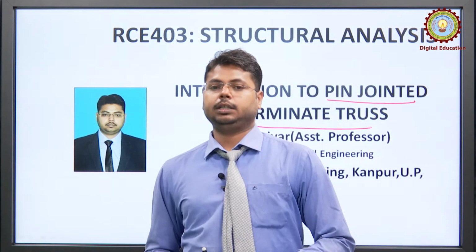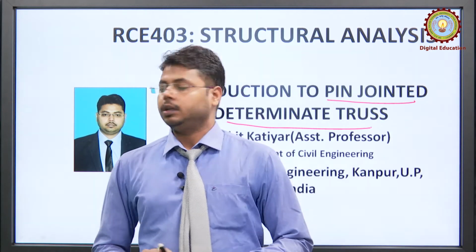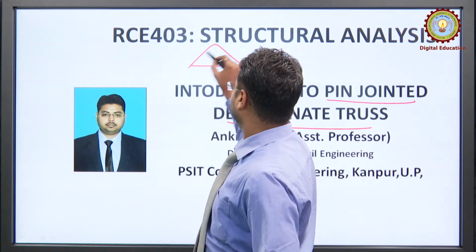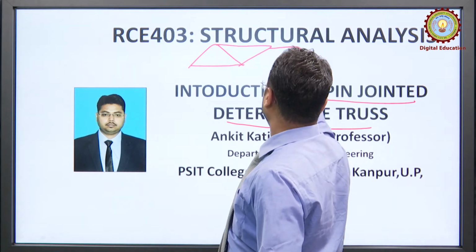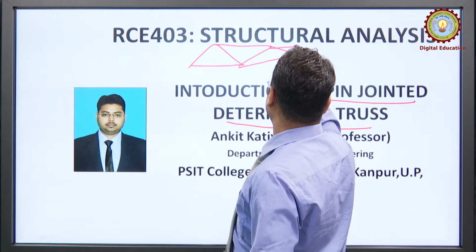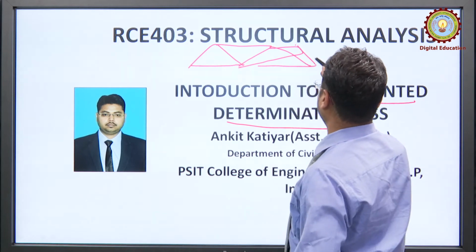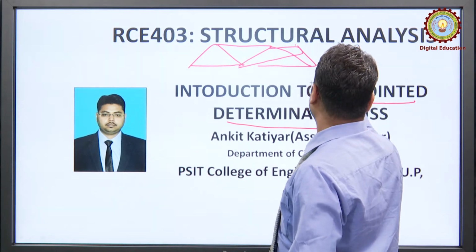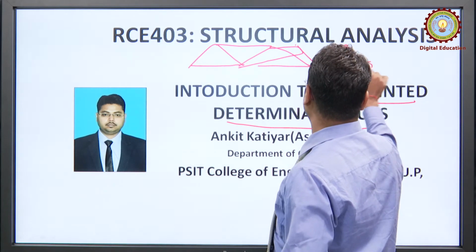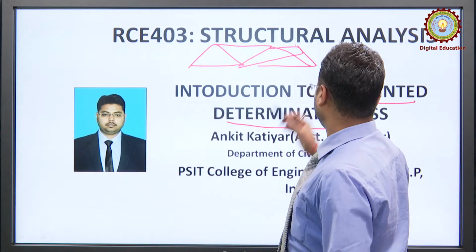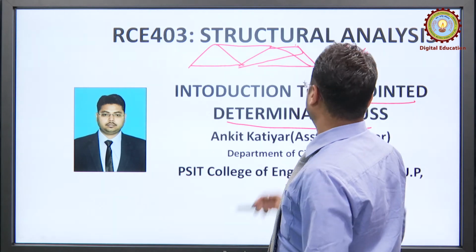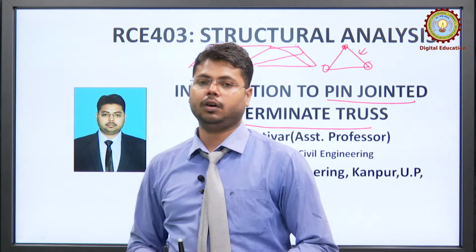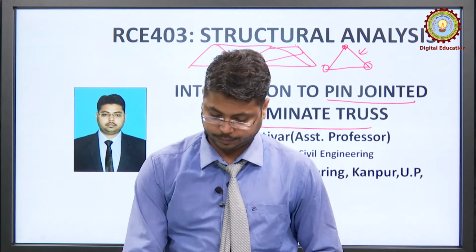What is a truss? It is something like members joined to each other in this form. The minimum number of members required for making a truss is 3. So we discuss the pin jointed determinate truss, or what we call a perfect truss.